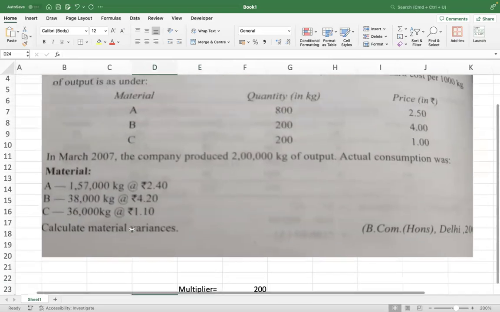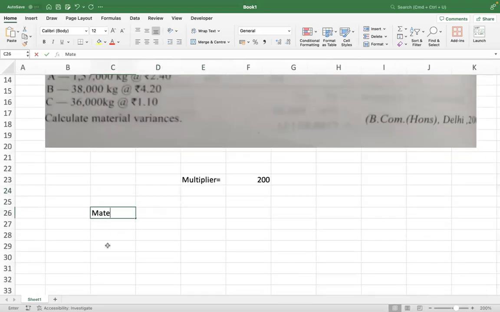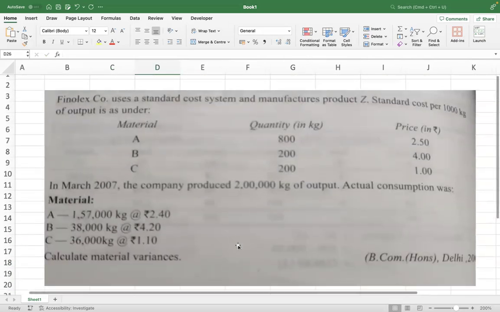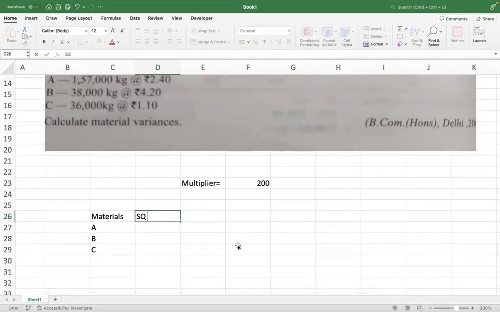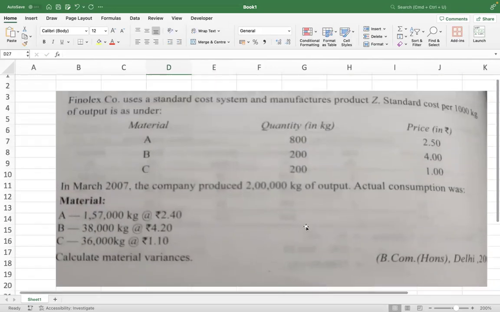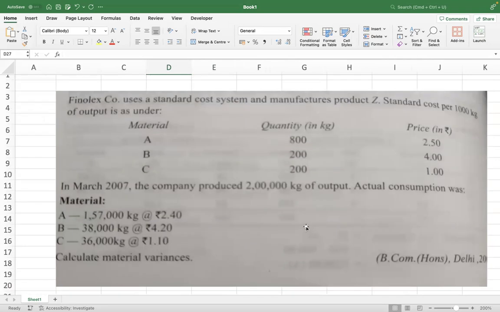Now, what we will do here is I will take the materials A, B, C and the standard quantities for actual production. You use the unitary method. For 1000 kgs of output, you need 800 kgs of A. So how much do you need for 200,000?